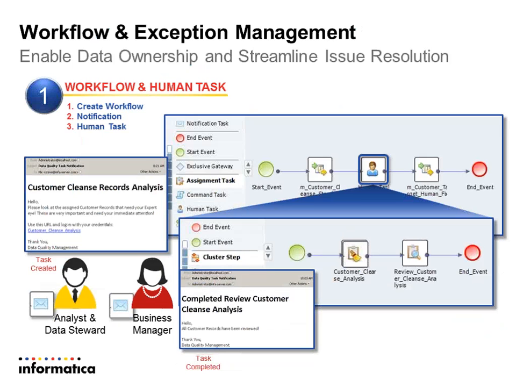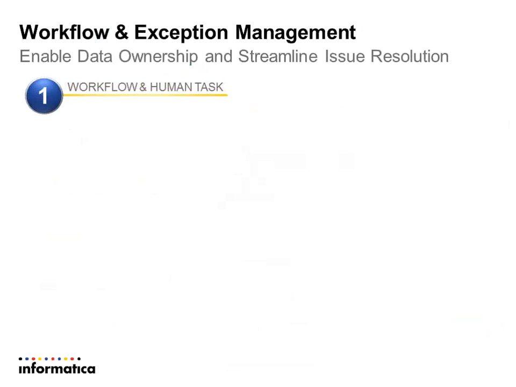The cluster step is used to examine duplicate records and then create a master record out of it. Later, a review step is used to review the activities completed in the exception or the cluster step. So at this stage, the automated process and the humans are integrated.